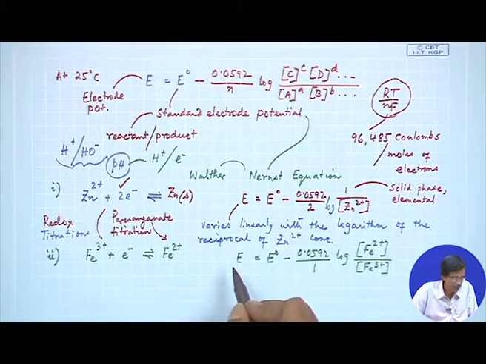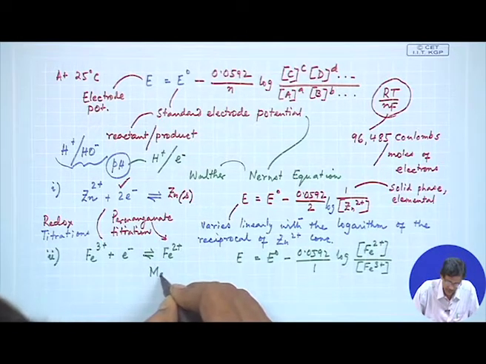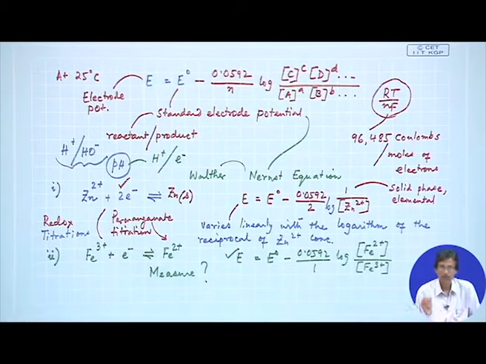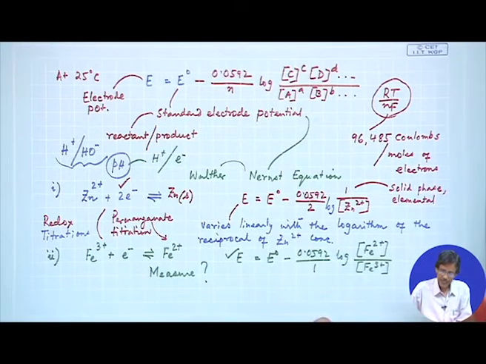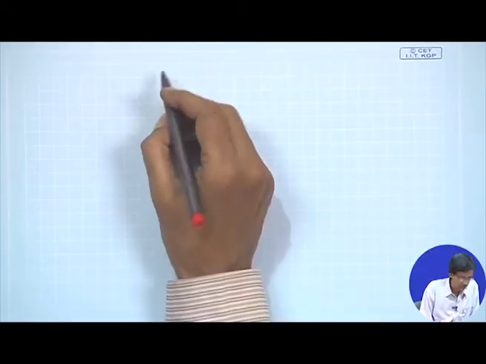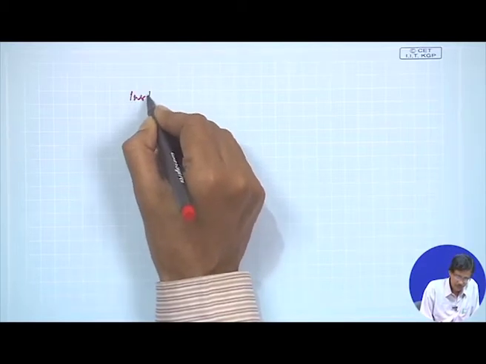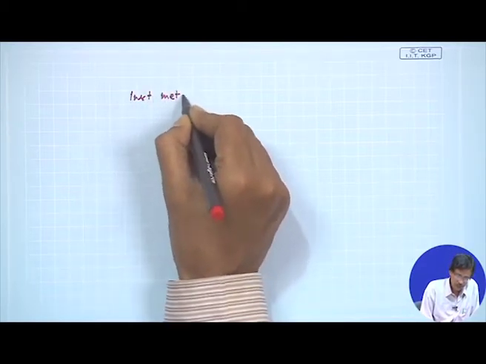How we can measure this particular thing is the challenge. How will you measure this potential? So far we know how to construct the cell, and now we will see how to measure it, taking advantage of this Nernst equation. Any couple, that means the ferrous-ferric couple, can be measured with an inert metallic electrode.